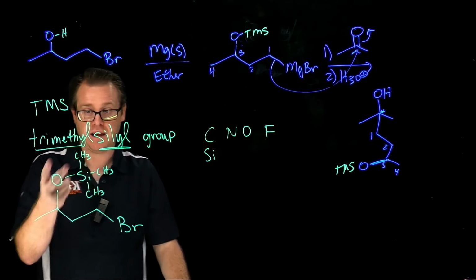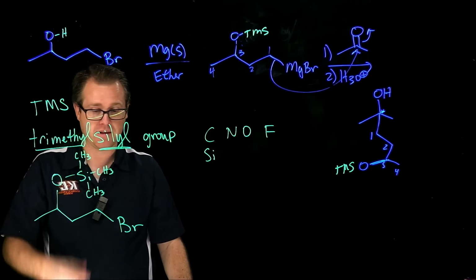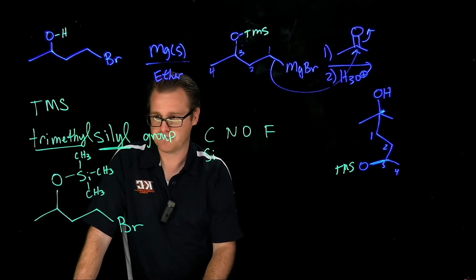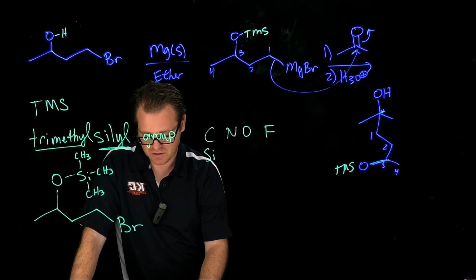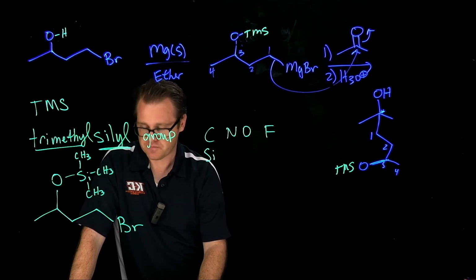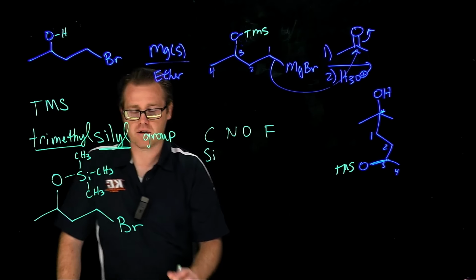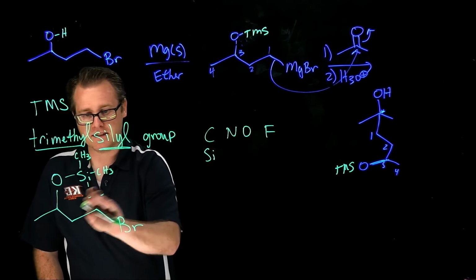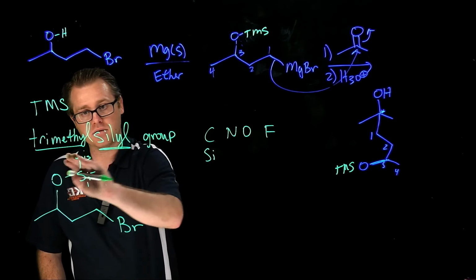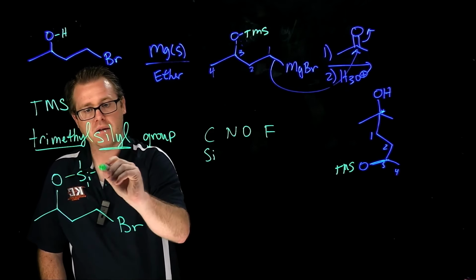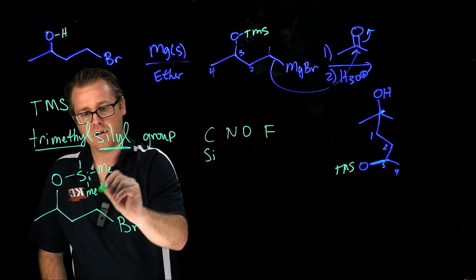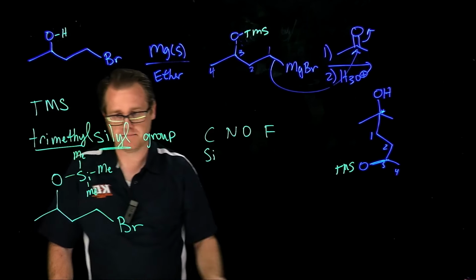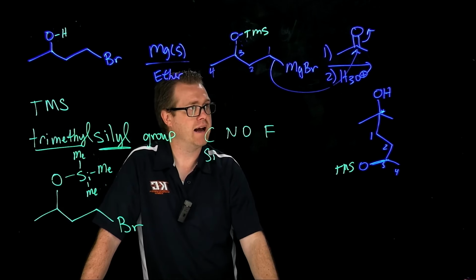So there's nothing on this group that the Grignard would react with. Okay? So that's what it looks like. Other ways that you could see it, instead of drawing out the methyls, don't let this confuse you, they would just write Me. Me stands for methyl, right? That's another way of taking a look at it.